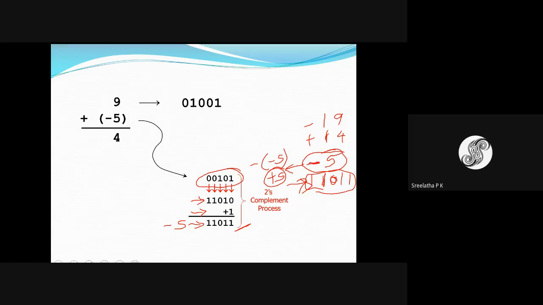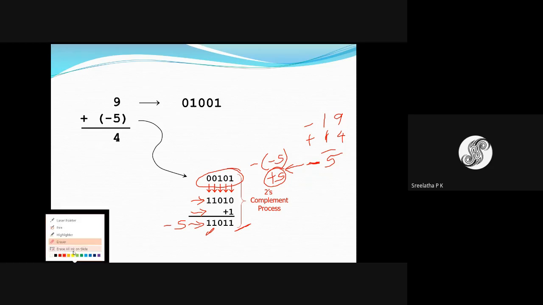The sign retains. I know that it is a negative value because the most significant bit is 1. Suppose the bit pattern I have got from this particular operation is 11011. I want to find the value of this. Observe that the most significant bit is 1, so the result is minus.